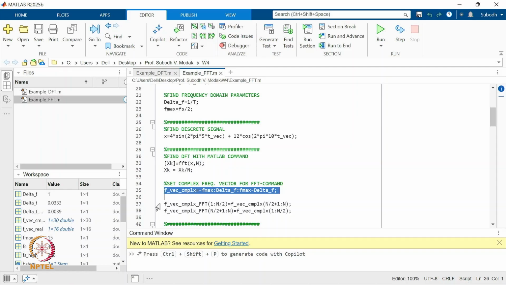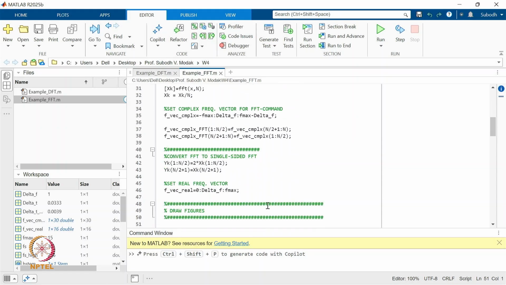You can see this vector is the same as I had done in example 3, but now I am trying to establish the correct frequency vector for plotting the output of the MATLAB FFT command. Here I am defining a new variable f vac complex FFT, defining the first n components as the last n components of our vector, and then the next half of components as the first half components of our vector which we had defined. This is an adjustment for plotting the frequency vector correctly.